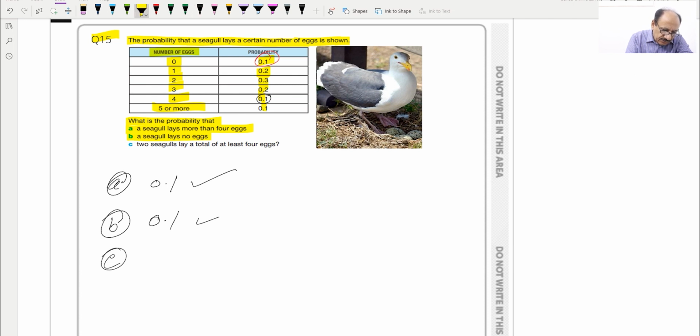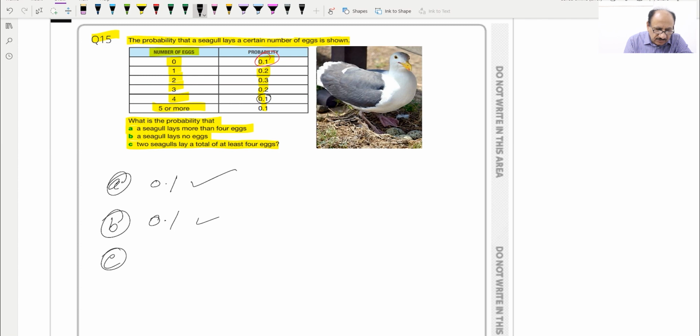The C part says 2 seagulls lay a total of at least 4 eggs. And we need to calculate the probability of this. So again we will be considering the complement, so not laying 4 eggs.